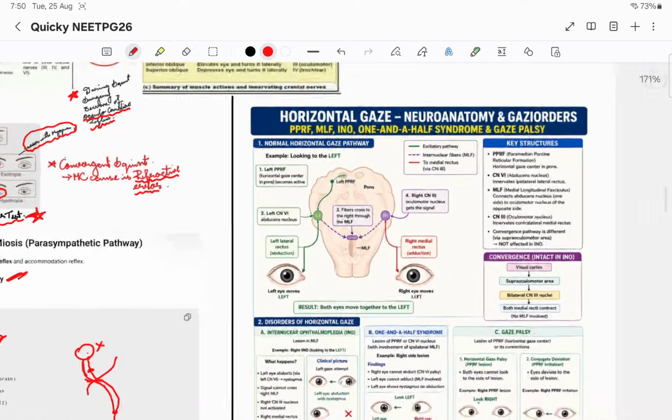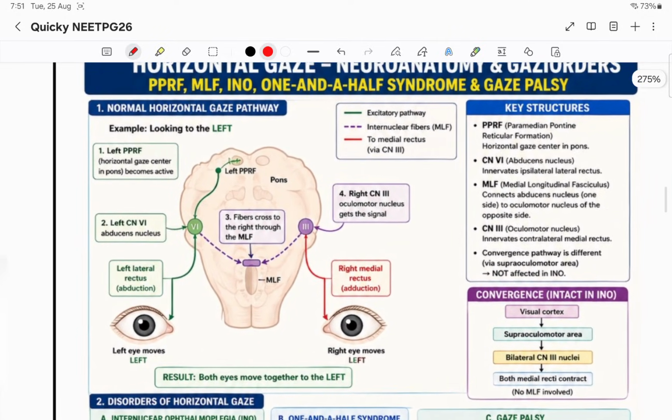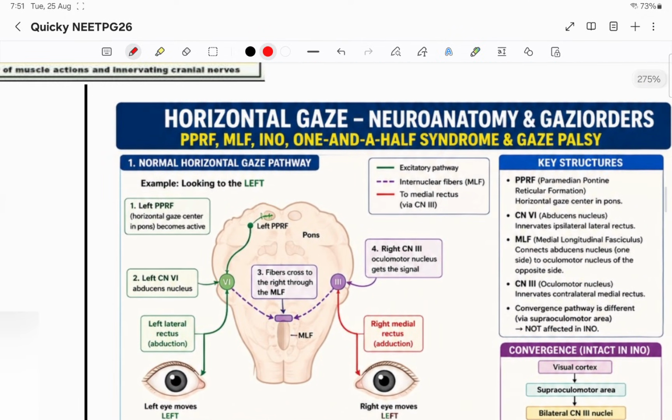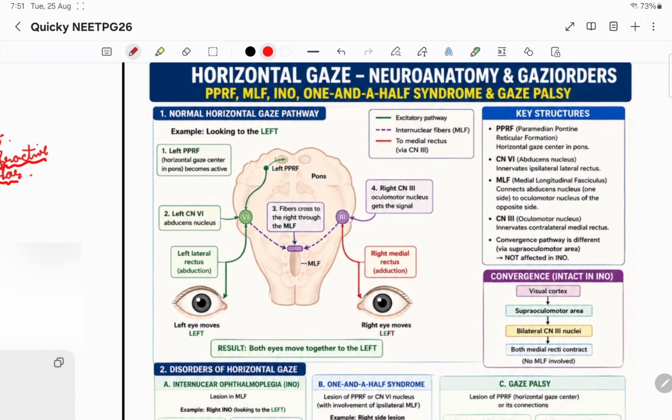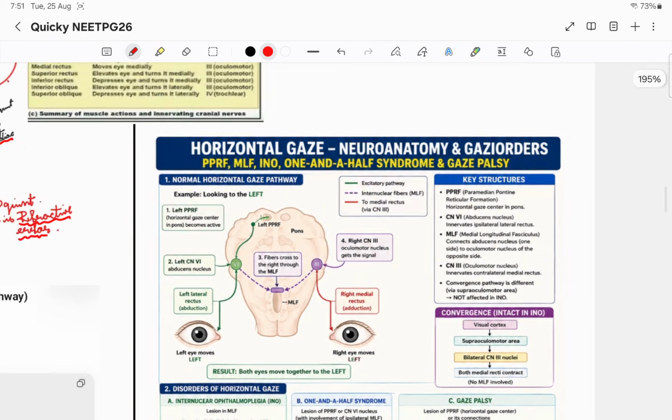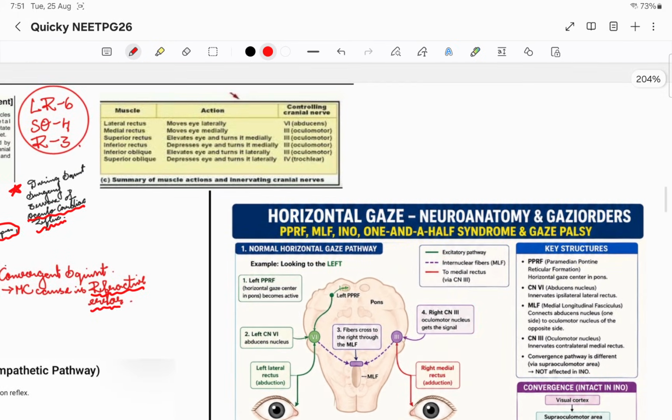One of the most important topics that has been asked again and again is internuclear ophthalmoplegia, or MLF, the medial longitudinal fasciculus. Let us see what it is.